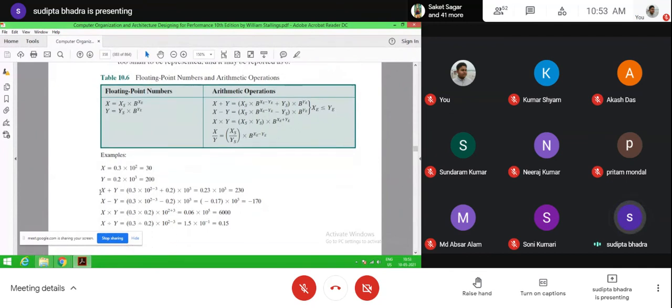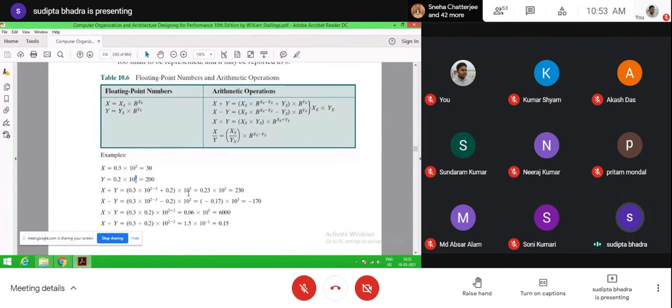So here is an example. Here 2 and 3 are the exponents of x and y. The significant of x is multiplied by 10 to the power 2 minus 3, then summed with the significant of y into 10 to the power 3, the exponent.